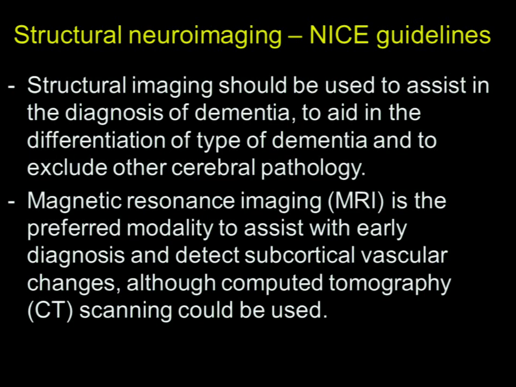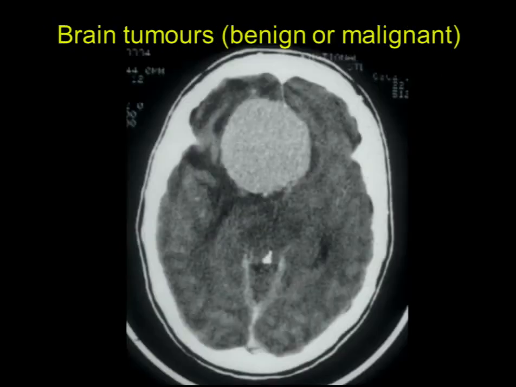So if we start from the bottom up, at the bottom of the first paragraph, excluding other cerebral pathology. So the brain is clearly a very, very complex organ, and the sorts of changes that we see in FTD, so changes in behavior and changes in speech, can occur for reasons other than a progressive dementia. And so this is a CT brain scan, and you don't need to be a neuroradiologist, I think, to see this big tumour here, which is sitting in the frontal lobes of the brain.